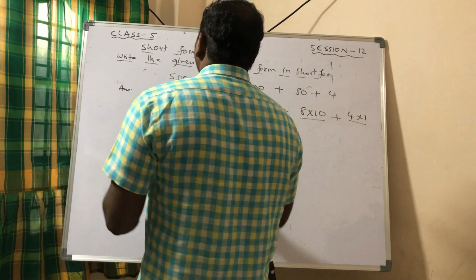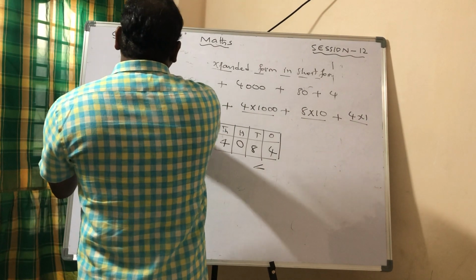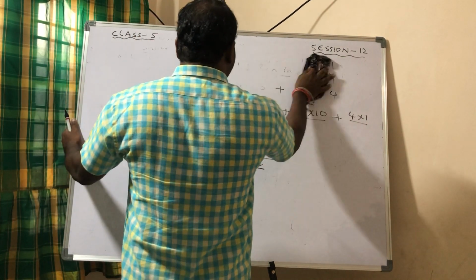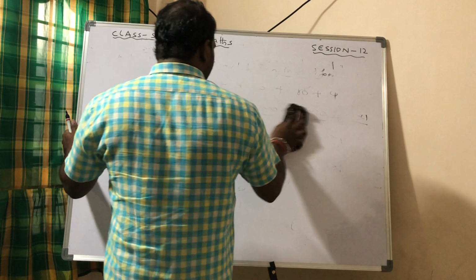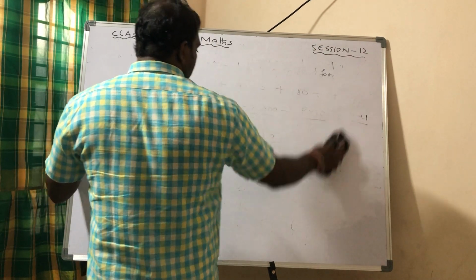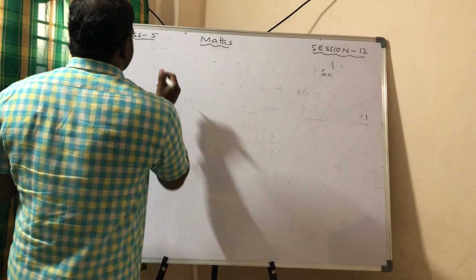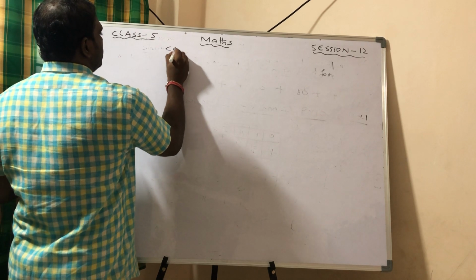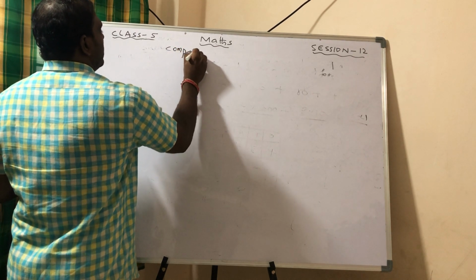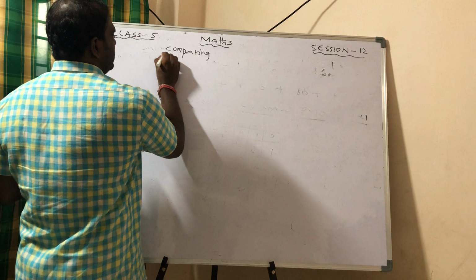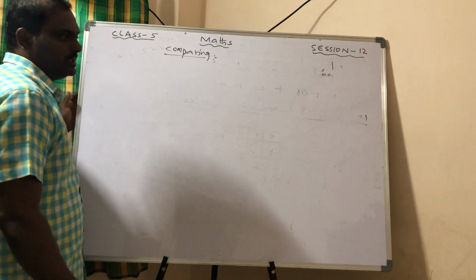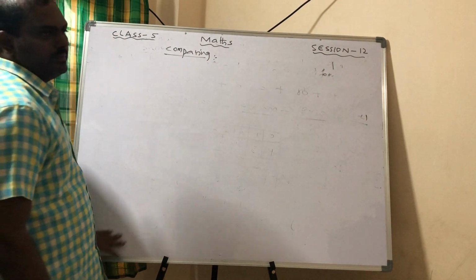Next, I'll go for the comparison. Comparison means which is big, which is small. So that is our next concept to explain. Comparing. Right? To compare numbers, we'll use one symbol.